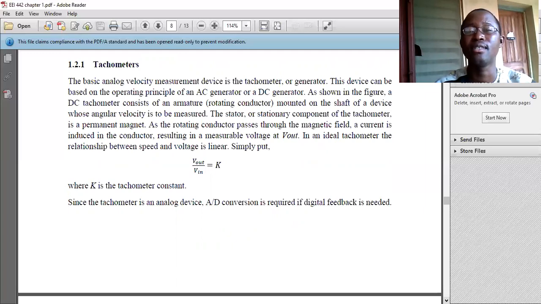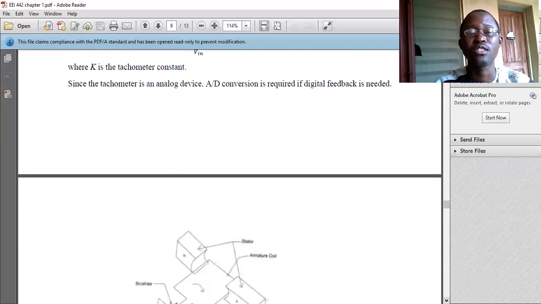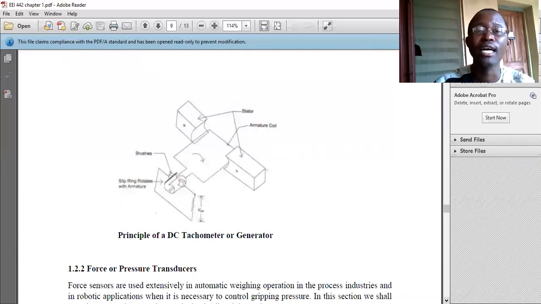The device, as you can see in the figure, has a permanent magnet with a north and south pole. That permanent magnet is the stator.